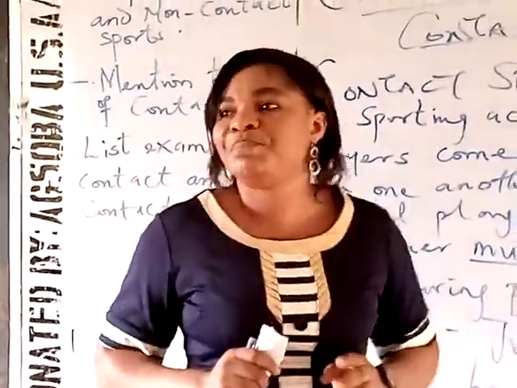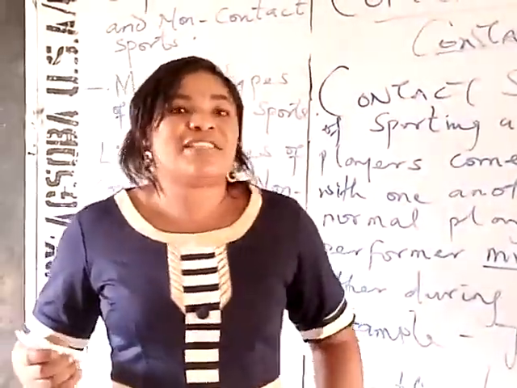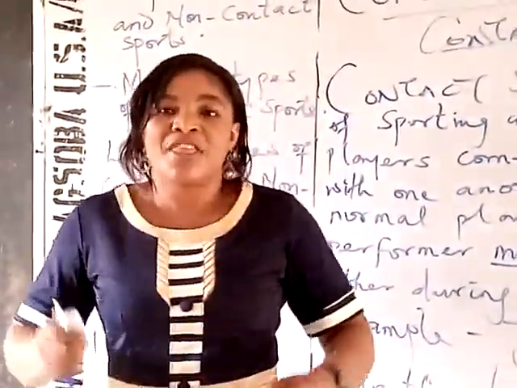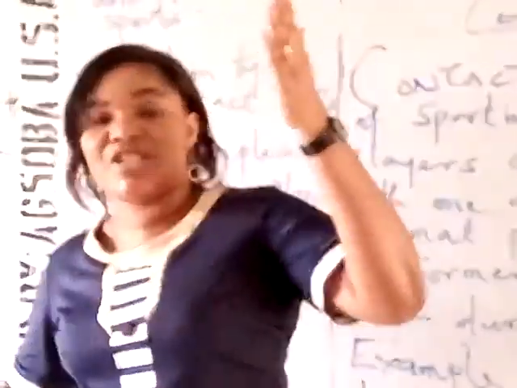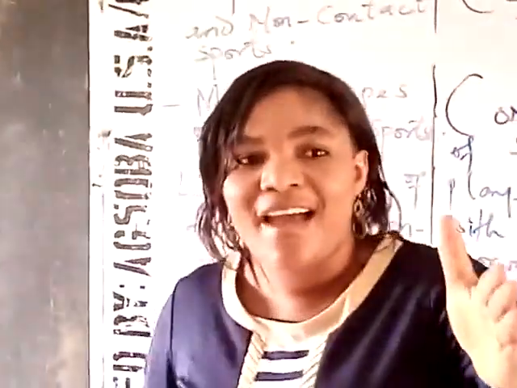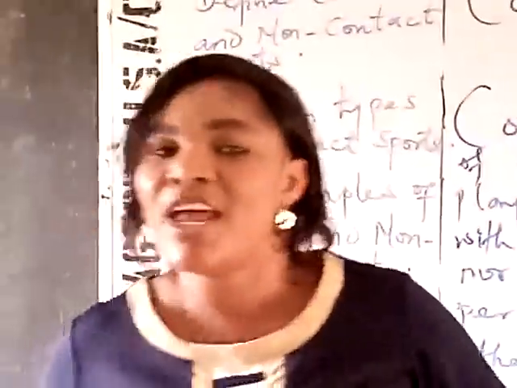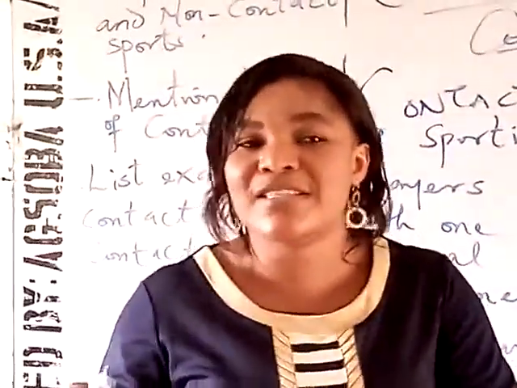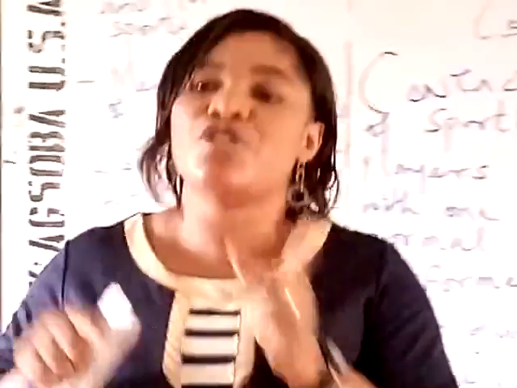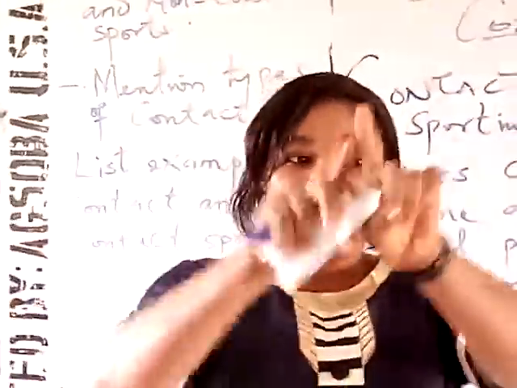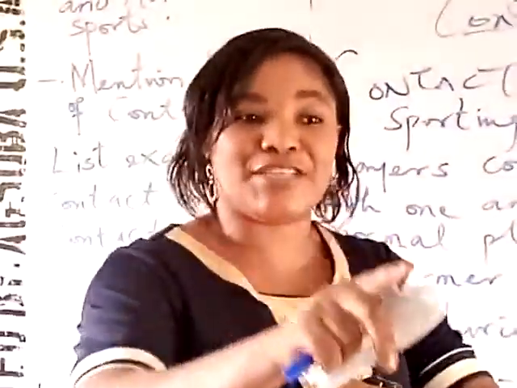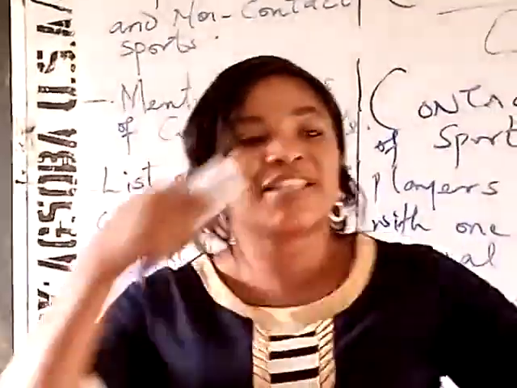For example, maybe there is a high ball coming towards your direction, and you are there to head the ball together with your opponent. You want to head the ball, your opponent wants to head the ball. Unfortunately for the two of you, you did not hit the ball, you hit each other.